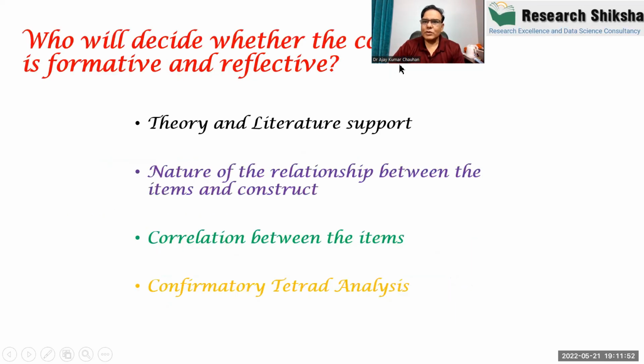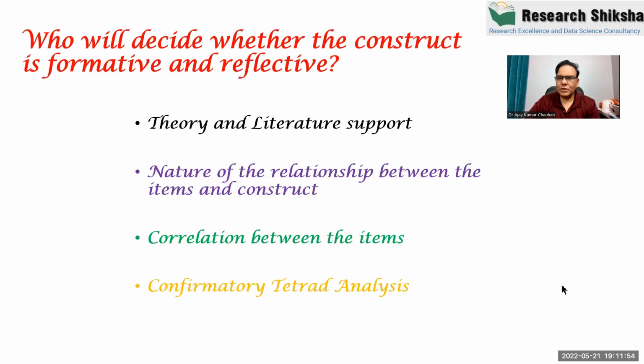Now the question is, many students ask me, how do we decide whether the construct is formative or reflective? I always say, because they are theory, we are defining the theory. So they must come from the theory or the literature support. There are many theories which we use in daily life, like theory of planned behavior, theory of reasoned action, cognitive theory, UTAUT theory, STEM theory.